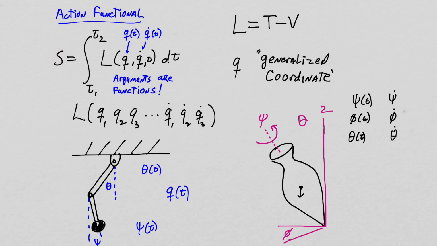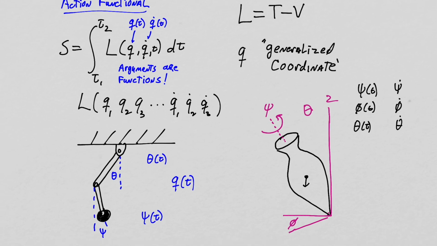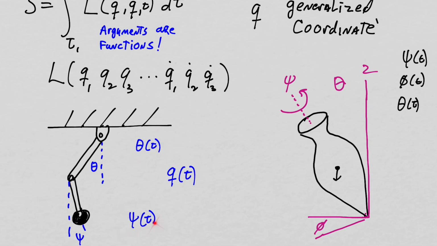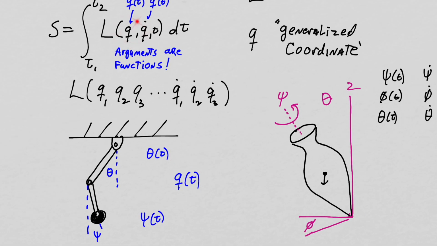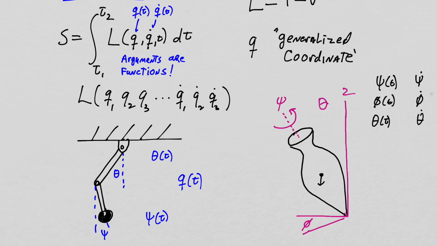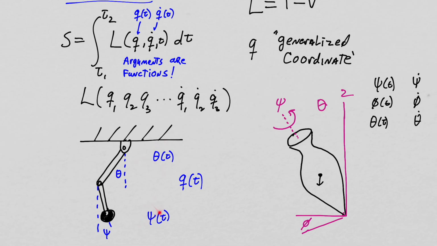The problem is that to do this integral, you kind of need to know the answer, right? You need to know these functions of time to put into the Lagrangian in order to integrate with respect to time. And we can't do that, right? Because we don't know what these functions of time are.